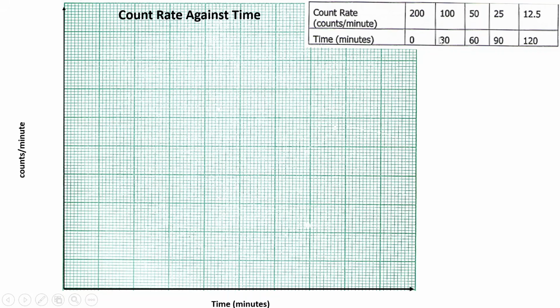Then on this one, you have 0 up to 120. So you could choose, if from here to here it should be 10, then 20, 30, 40, 50, 60, 70, 80, 90, 100. Here it couldn't fit because you are going up to 120.